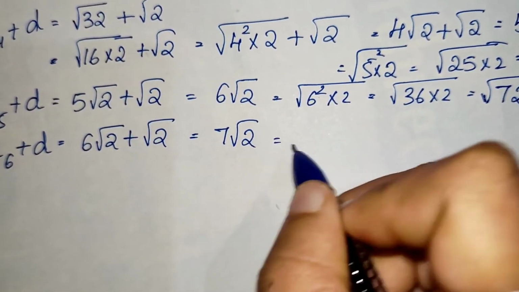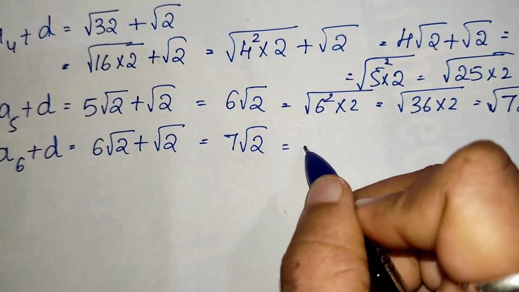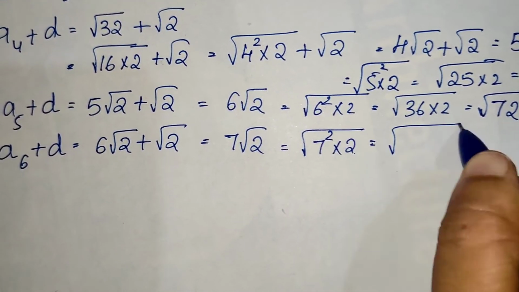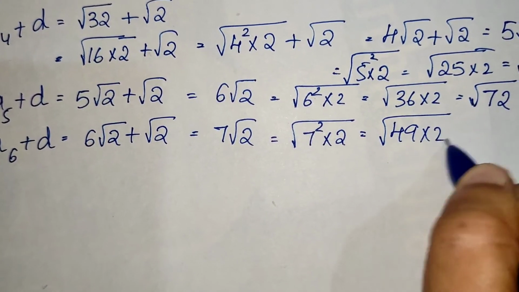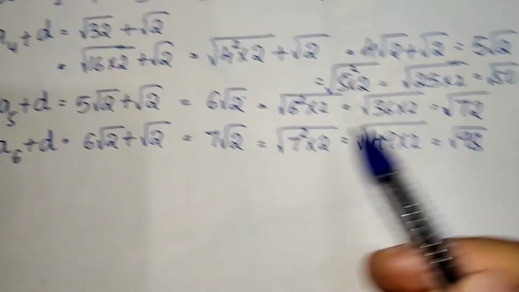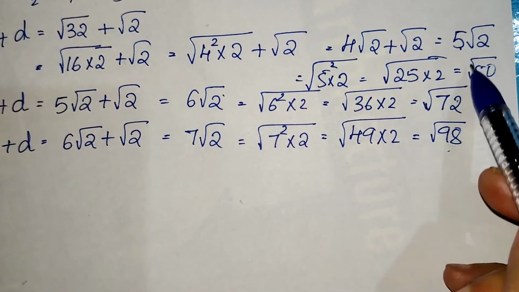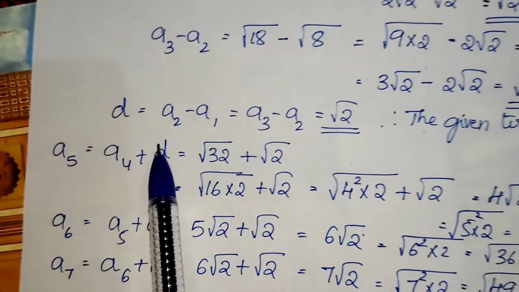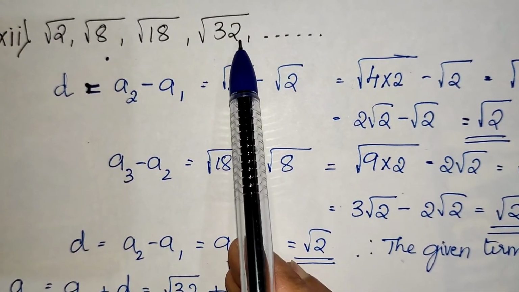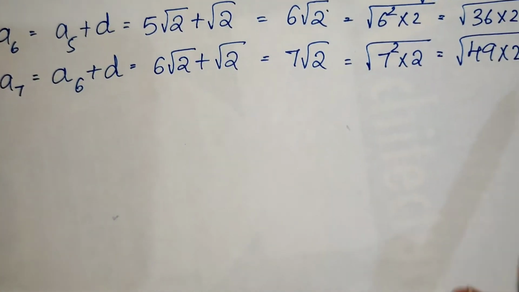So again this 7 I'll send into the square root. So it is 7 square into 2, 49 into 2, it is root 98. You can either stop in this or you can do further also. Why have I done further? Because they have given in the problem: root 2, root 8, root 18, root 32. So I did it further.